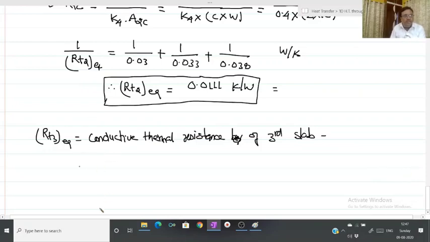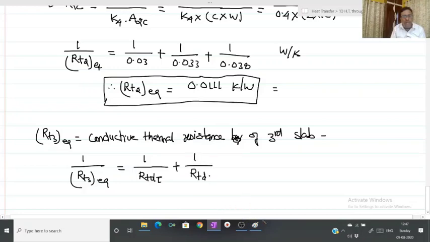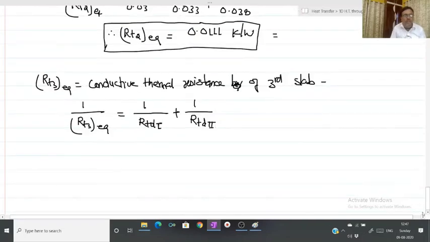Once again, the two slabs are connected in parallel. So 1 over RT3 equivalent will be 1 over RTD1 plus 1 upon RTD2. Now I have to calculate RTD1 and RTD2.